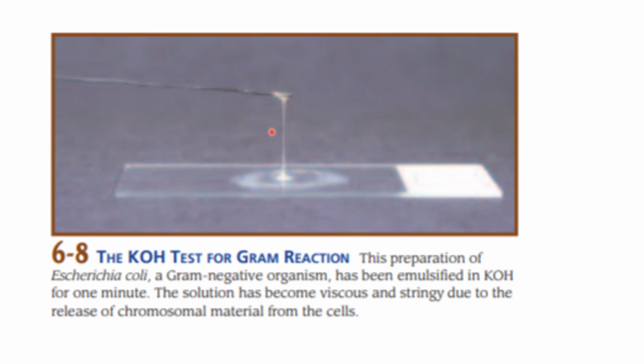We don't need to put any stain, so it doesn't have color, but you just have to put potassium hydroxide for 1 minute. And take note, later on, using the loop, you can slowly mix, and then the loop is slowly withdrawn.